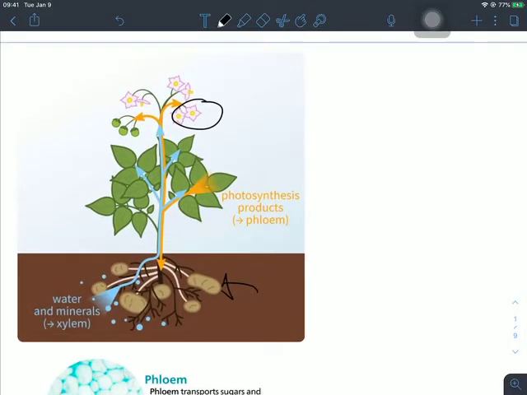We see that the shoots will make photosynthetic product, and they will transport it both to the flowers, so moving up, as well as down below to those potatoes as an ultimate sink.